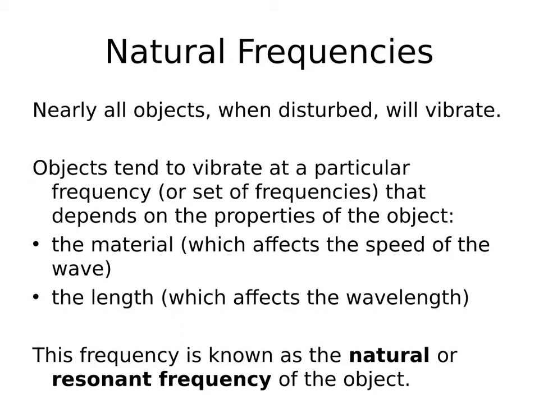And as I mentioned, the length will affect those oscillations as well, because that will essentially affect the wavelength with which the object will vibrate or oscillate. And of course, the materials in the object affect the speed of the wave in the object. So all of those factors will affect the natural frequency or the resonant frequency of the object.